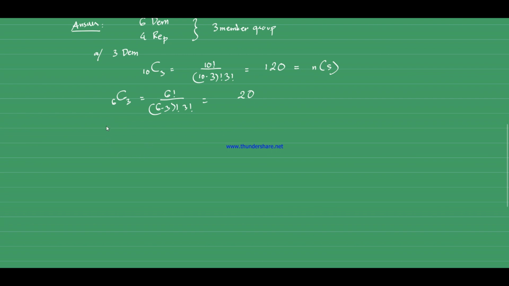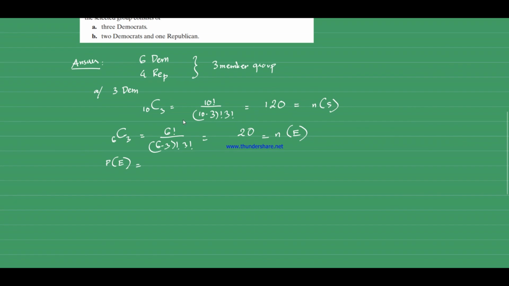So the probability in this case, this will be the event set and the sample space right here. So you're gonna have 20 over 120. So you have 1/6. All right, the probability is 1/6.